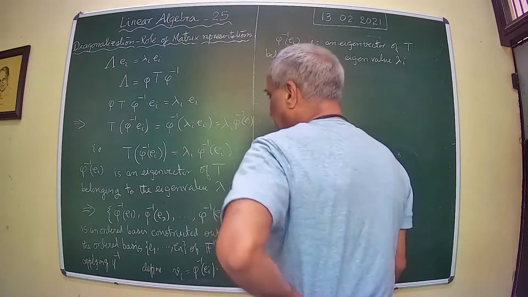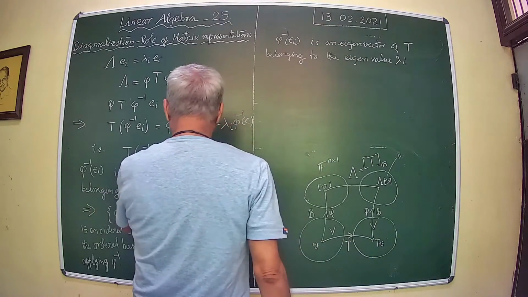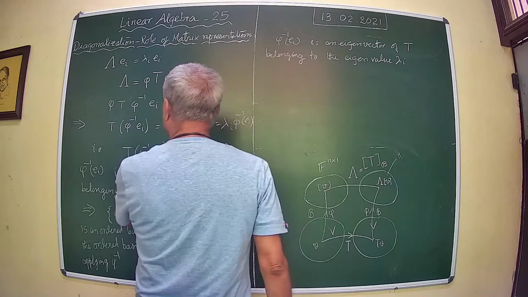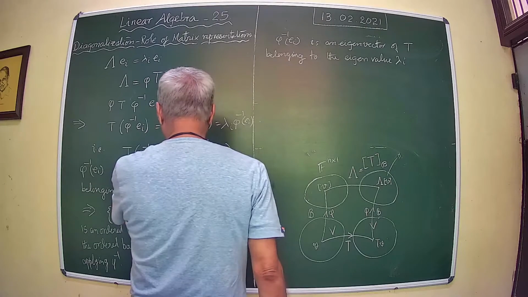It's not only that, you see, from this relation, we started with the diagonal form lambda 1, lambda 2, etc., lambda n.